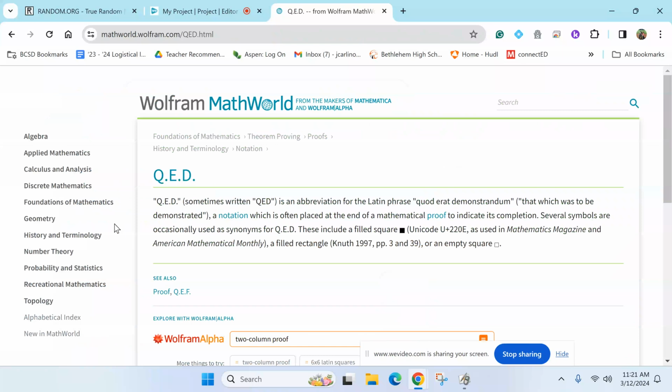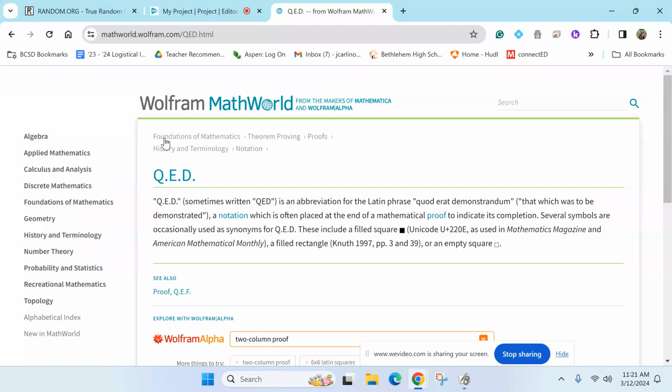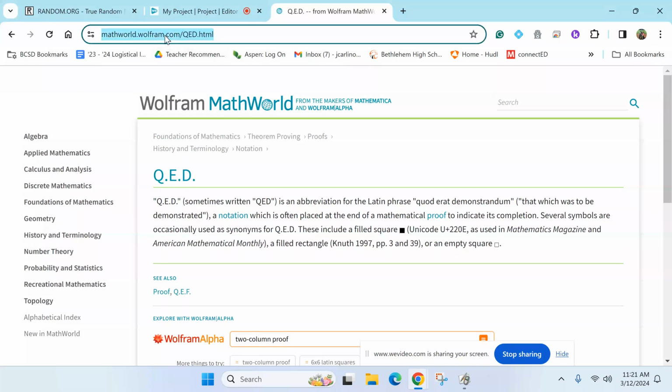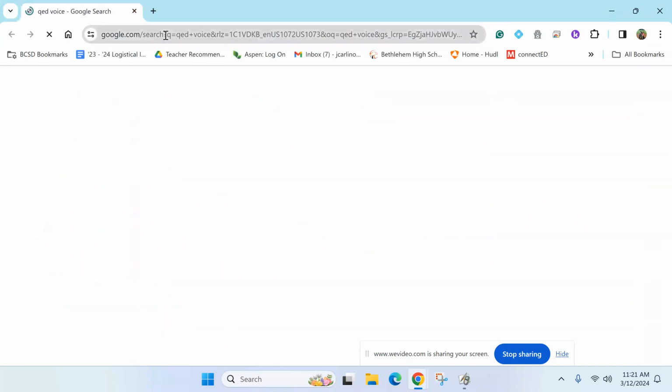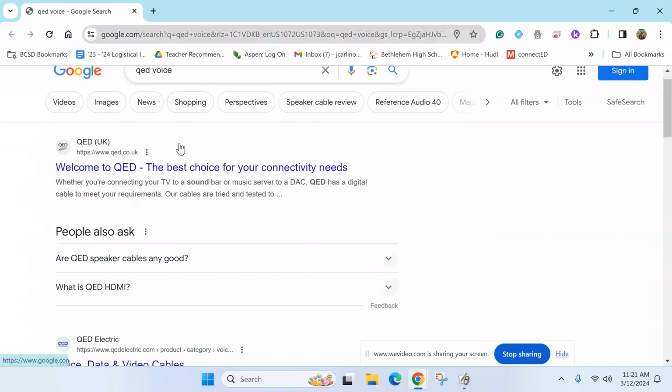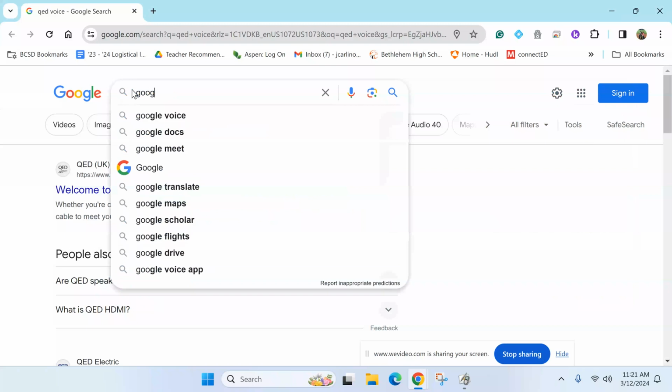I just know how to pronounce that. Erat demonstratum. What is to be demonstrated? QED voice. I'm playing with fire. Can you just put it in Google Translate? Just copy the meaning and put it in Google Translate. Okay, you guys got it.